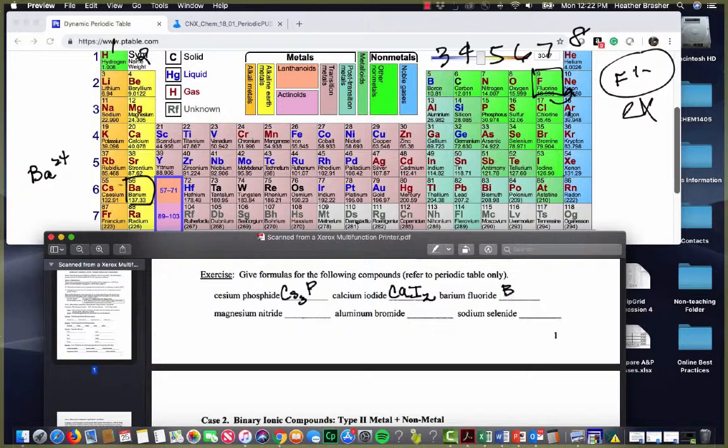So we'd write BaF2. And the number is always that subscript there. Sorry about that. Super is above, subscript is below. So that subscript tells us the number of ions we need. The superscript that we write up on top is telling us what the charge is, right? So make sure not to get that mixed up.